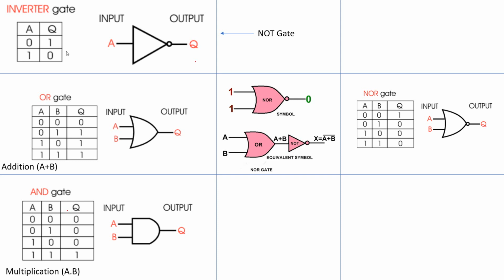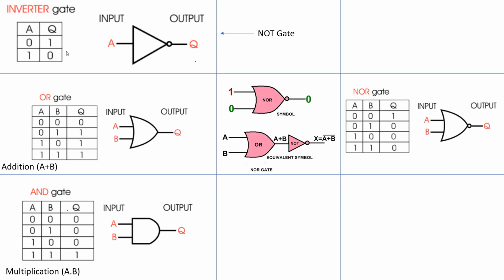Then for any other combination, there is a 1 present, so when you reverse the output, everything will be 0. If you add 0 plus 1, obviously it's 1, and reverse it, it will be 0. If 1 and a 0 are added up, it will be 1. You reverse it, it will be 0. 1 and a 1 added up is 1. You reverse it, it will be a 0. So this is how the output will be.